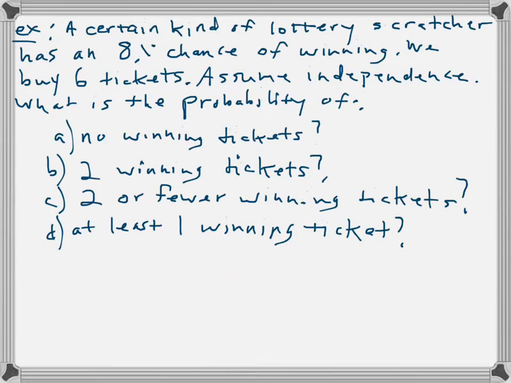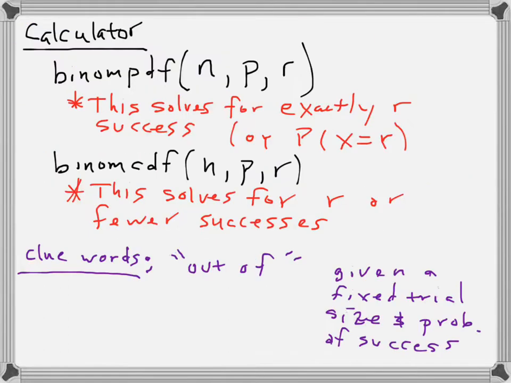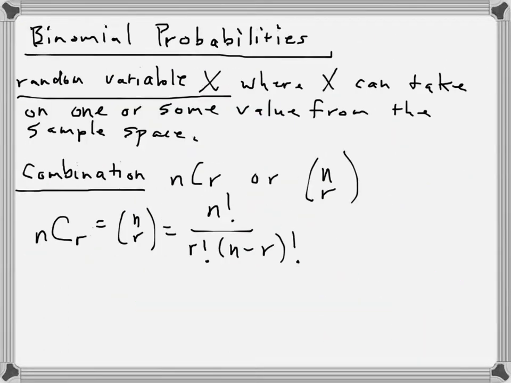Okay, almost there. Going into binomial situations, binomial and geometric. So I just want to define again what a random variable is. The random variable x is a variable where x can take on one or more values from the sample space.